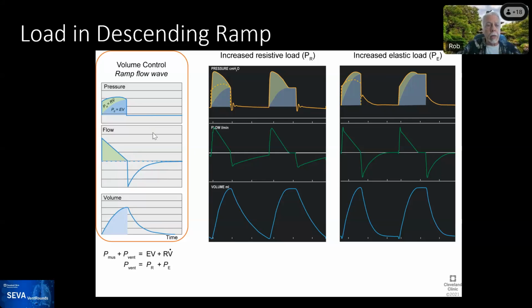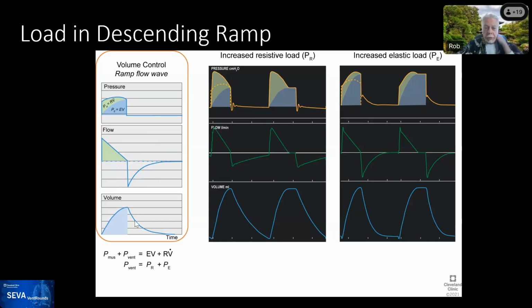And again, the way we orient this is that if you look at the pressure waveform, it can have a variety of shapes depending on the relative values of the elastic load and the resistive load. So in this case, on the first waveform, we see an increased resistive load. And because the flow is highest at the beginning of the inspiration and volume is essentially zero, almost all this pressure is just due to resistance.